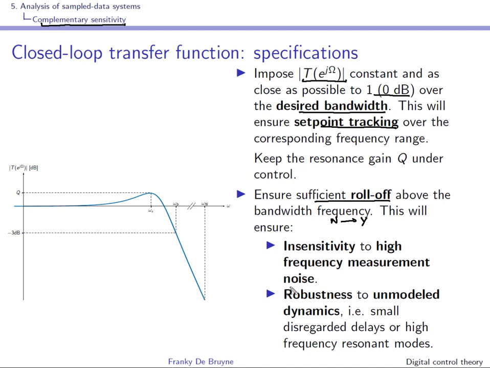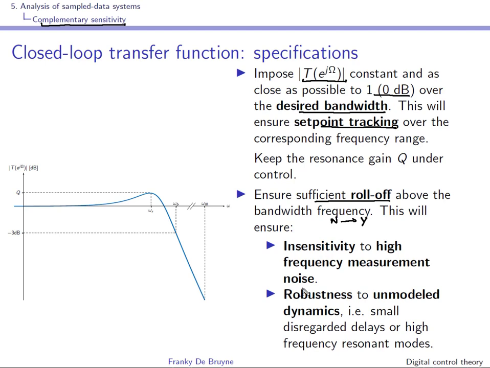A second reason is that we have probably not been able to capture the high frequency resonance peaks of the process in our model. So this means that there are unmodeled dynamics. Remember that the model is used to construct a controller, and if we push the bandwidth of the closed loop system, the bandwidth of the complementary sensitivity, too far, then when we use that controller on the actual system, we will excite those unmodeled dynamics, and this is not desired.